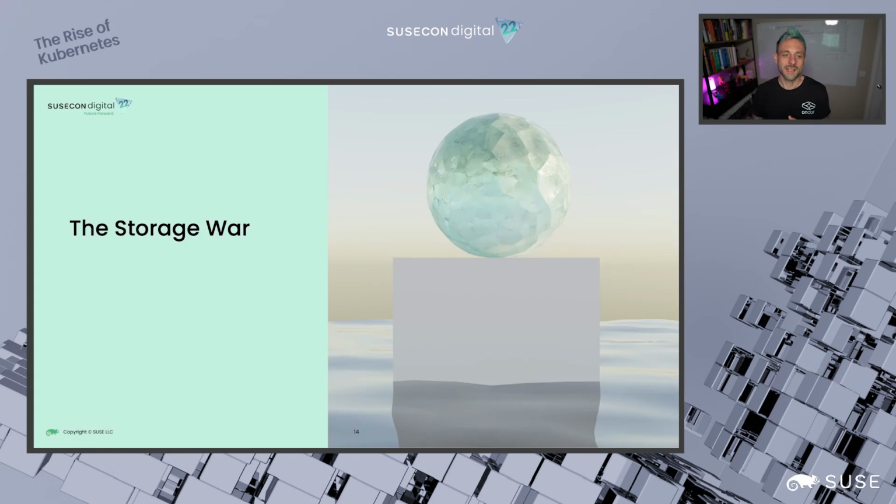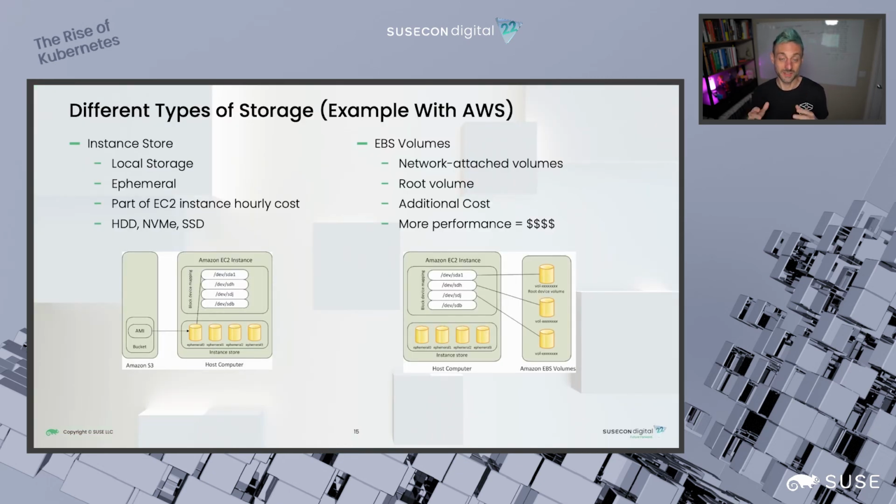In this last part, we're going to take a look at storage costs in the cloud, in particular when running stateful workloads in Kubernetes. So storage is probably one of the most important sources of expenses when you're scaling your applications. If we take the example of AWS, and it's also the case with any cloud provider out there, there are two types of storage.